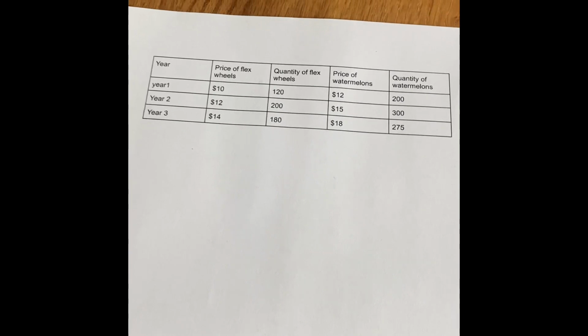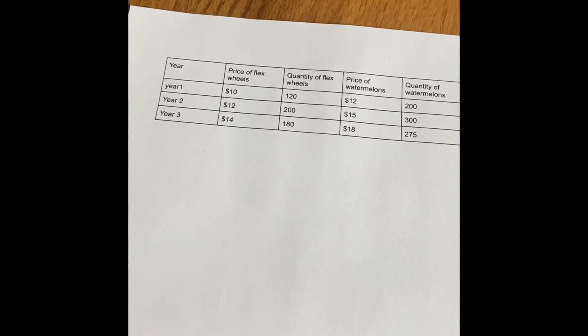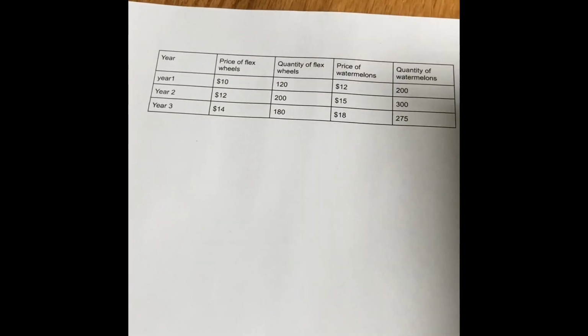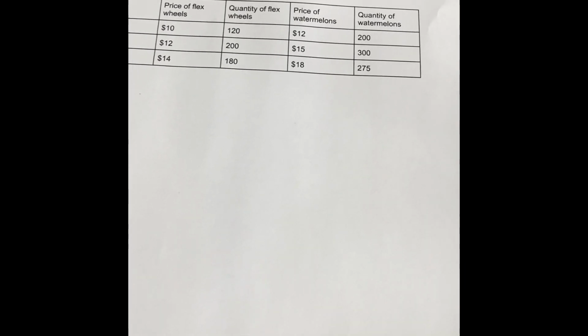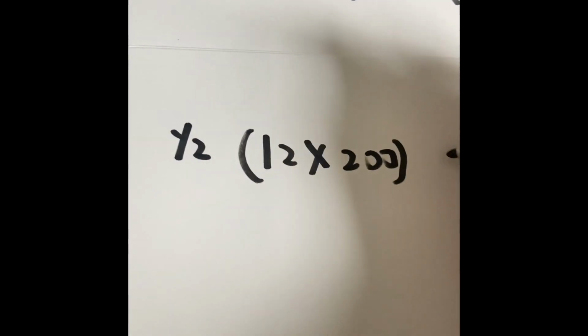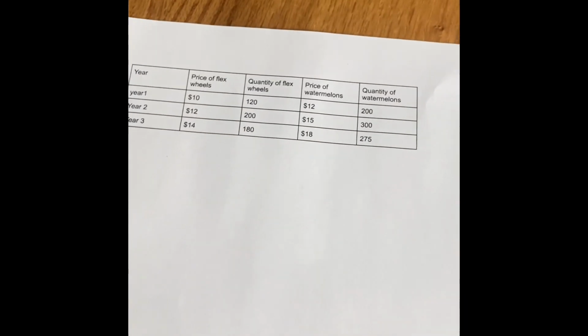Now let's take a look at year 2. Year 2 is going to be a little bit different. We go across. We are going to do 12 times 200 in parentheses, and we have to add that to 15 times 300.